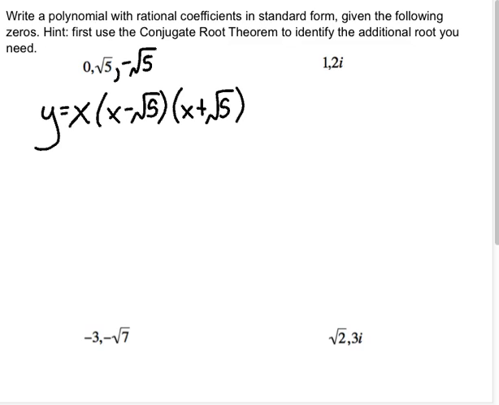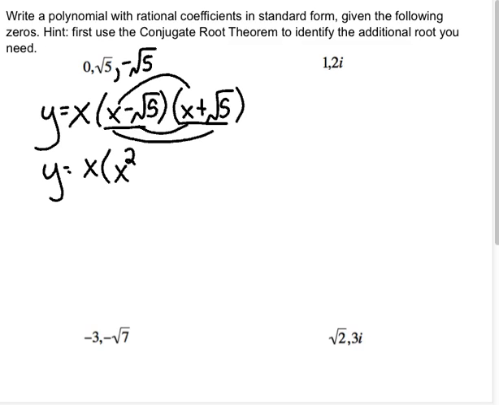So you still create your factors the same way. And again, whenever you have this, I remind you, FOIL intelligently. I get x squared. Now, x times square root of 5 minus x times square root of 5, those just cancel out. They're gone. Ignore those pieces. And then here, remember, a square root times itself cancels out the square root piece, because that would become square root of 25.